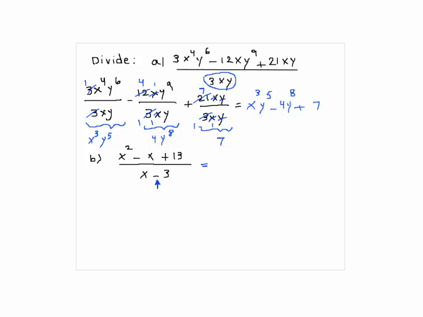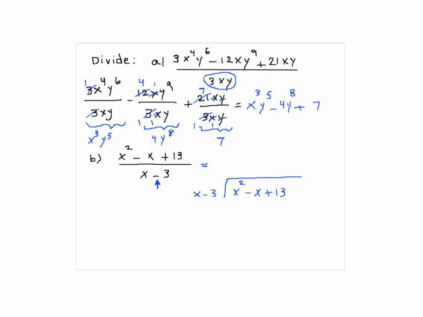So what you need to do is write down x to the power of 2 minus x plus 13 and divide x minus 3 into that this way. Long division.